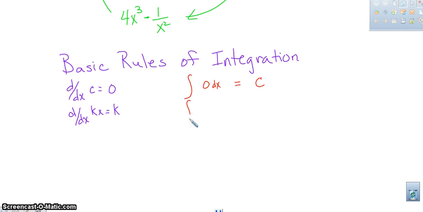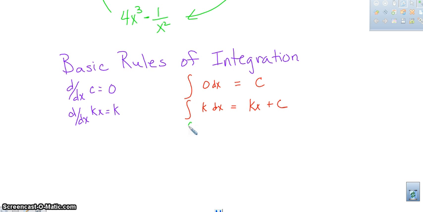If I integrate k by itself, dx, I get kx plus some constant. So if I take the derivative of kx right here, I get k. So if I work backwards, if I start with just some number like 4, I get 4x.